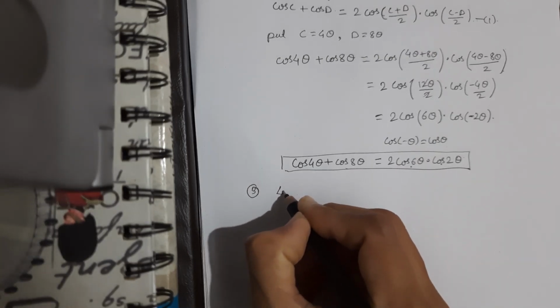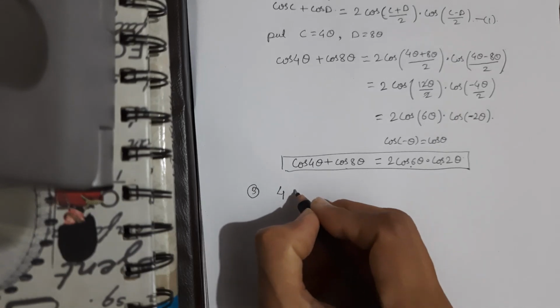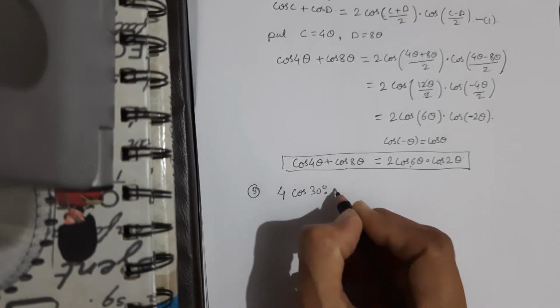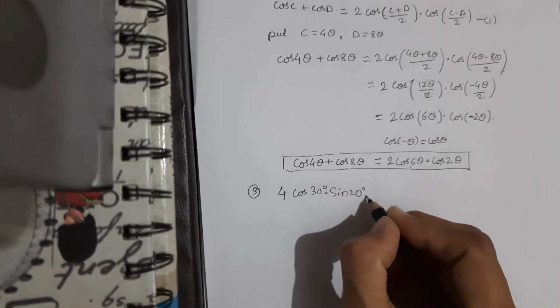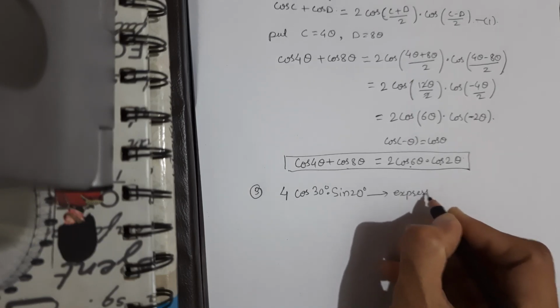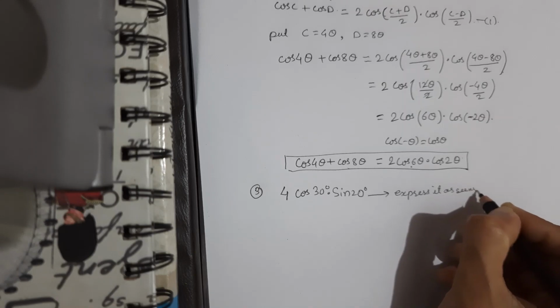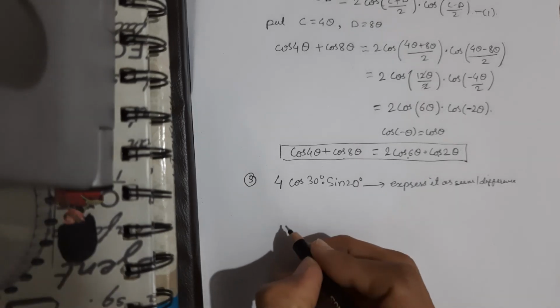Suppose the given is 4 cos 30 degree multiplied by sin 20 degree, and I want to express it as a sum or difference.